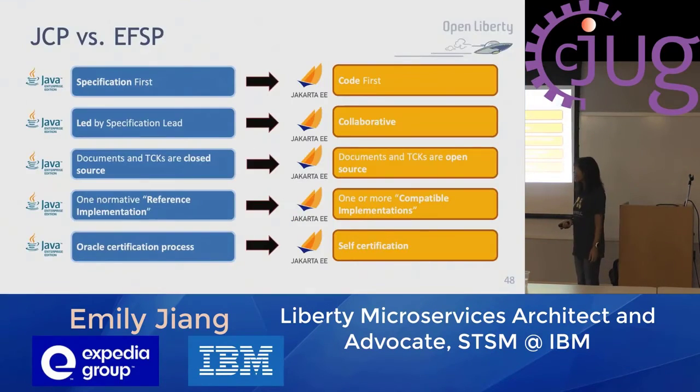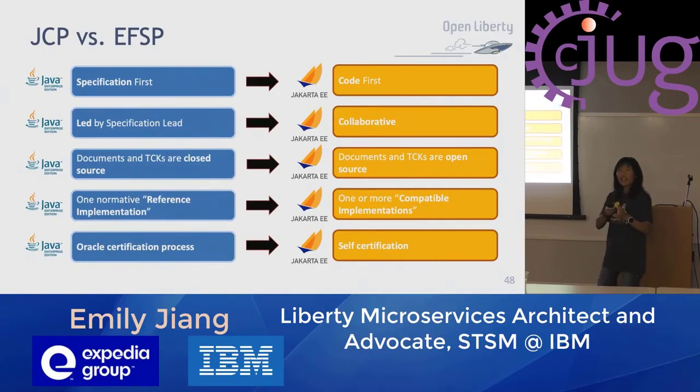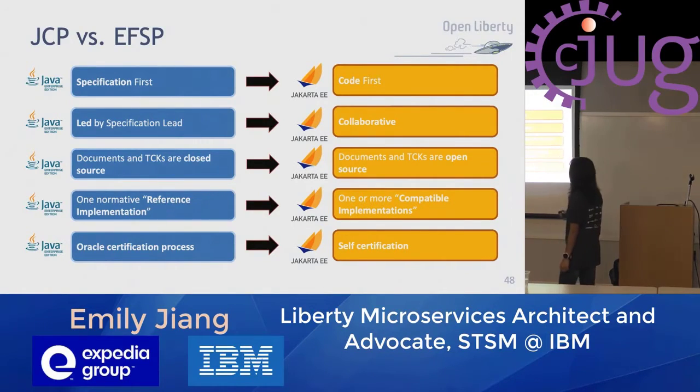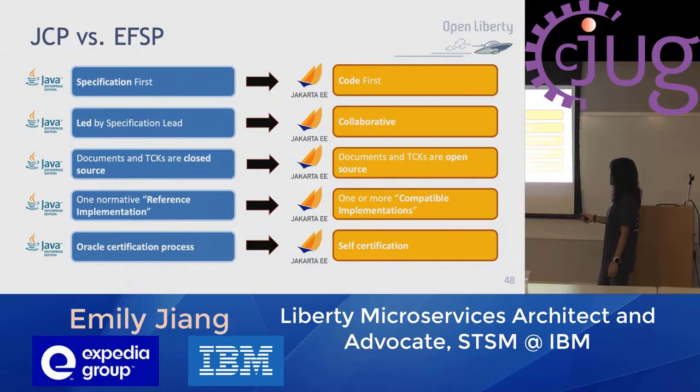Jakarta EE has changed a lot from Java EE. There's a bigger change between Java EE and Jakarta EE. Java EE was controlled by the JCP, so this is kind of the community. And now Jakarta EE is controlled by the Eclipse Foundation specification process.